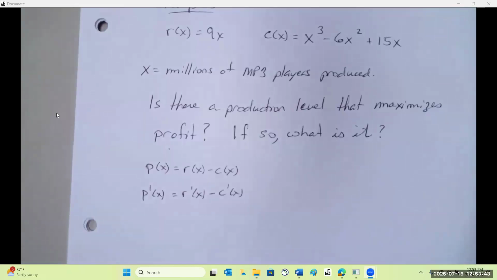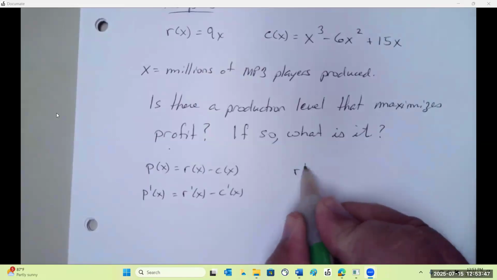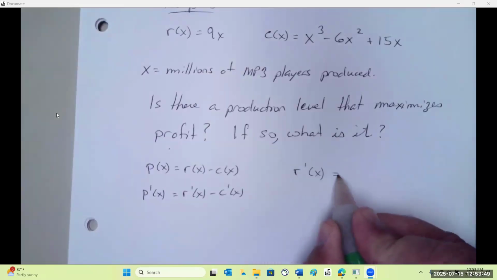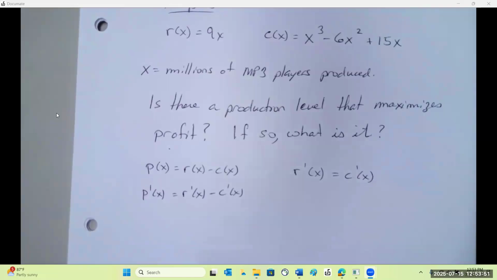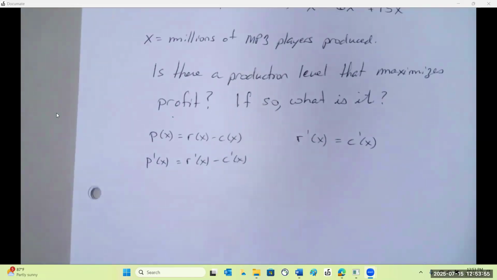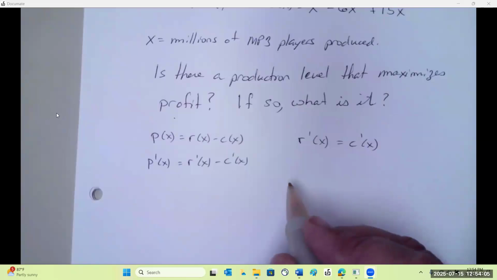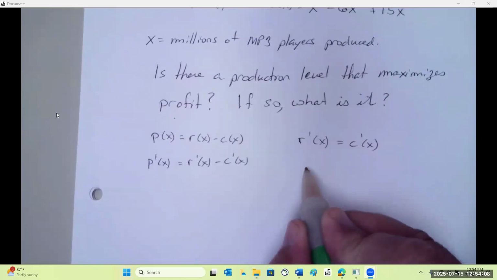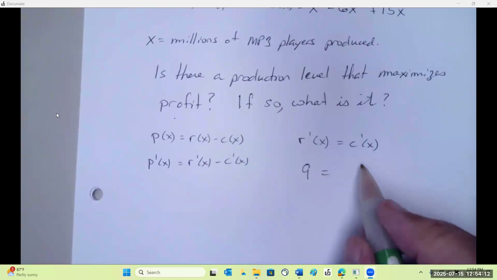So to break even, what do we need to know for sure? Let's find out what we need, the bare minimum. Okay, so what's R prime? What's C prime?